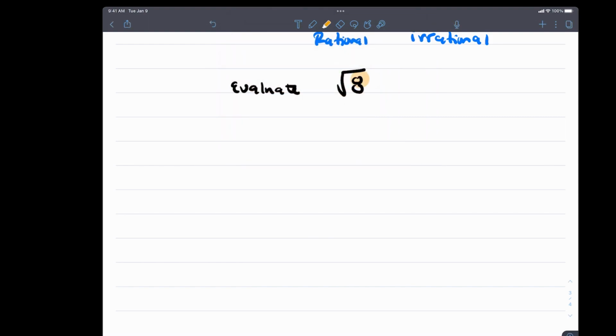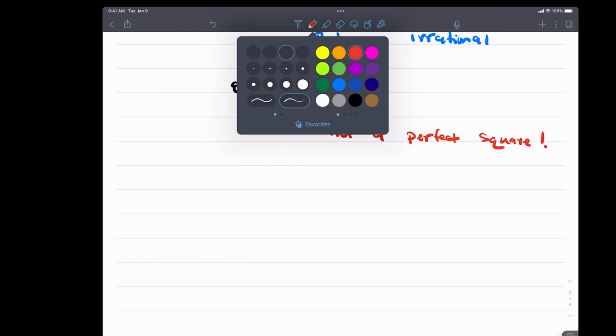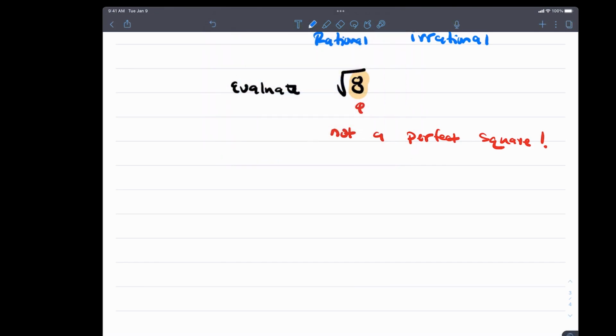Again, what's the problem? 8's not a perfect square. You could evaluate the square root of 9. What's the square root of 9? 3. We can evaluate that, but we can't evaluate the square root of 8.